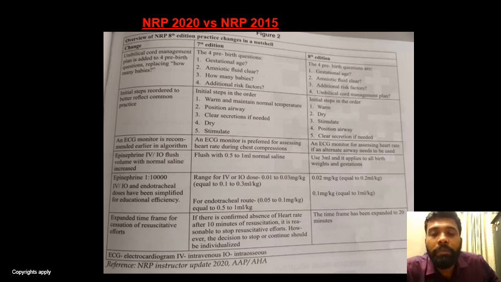Now for convenience it has been changed to 0.02 mg per kg or 0.2 ml per kg. And also the time frame cutoff for stopping resuscitation has been hiked to 20 minutes, officially. In practice the cutoff was put as 20 minutes even long back, but now it has come as an official change.